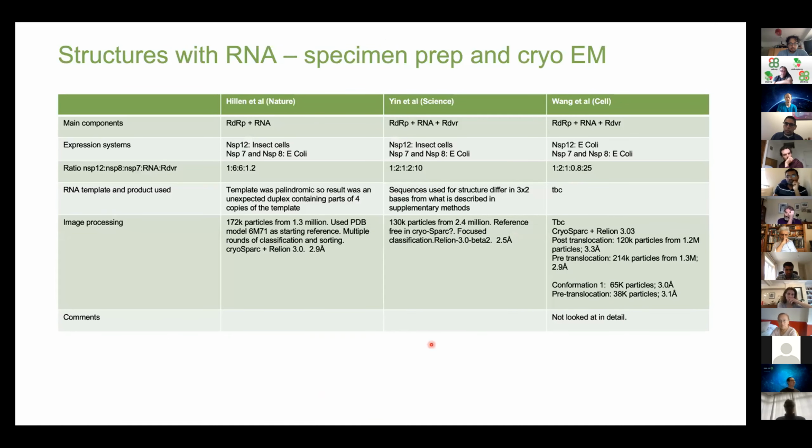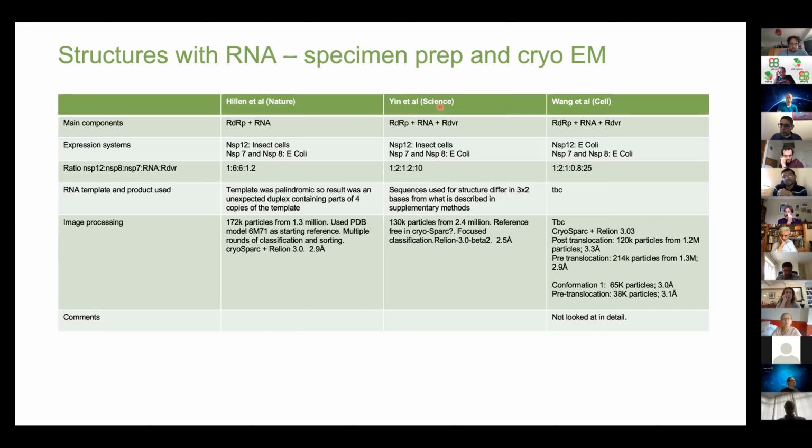So in terms of structures, some of these structures were already present the last time we had the meeting, but now we have all the papers out as well. So one is Hillen et al., which is a Nature paper, from the Cramer lab. The other one is from Yin et al.